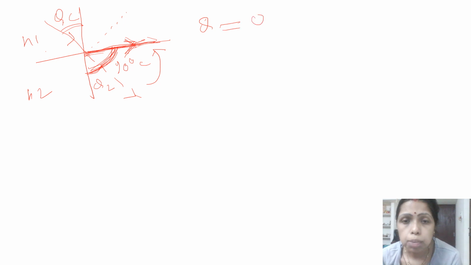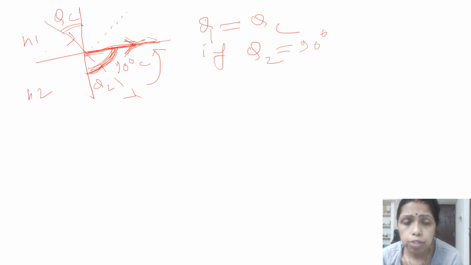Theta 1 will be theta c if theta 2 is 90 degrees. This is the critical angle. I hope it is clear.